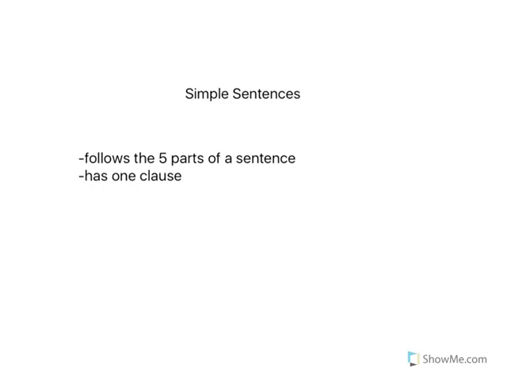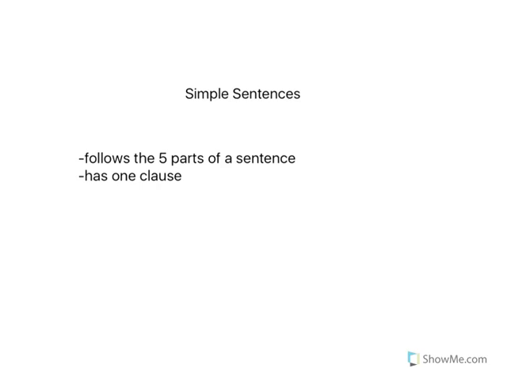So this year in grammar, we're going to be learning about 4 different sentence structures. There's simple sentences, compound sentences, complex sentences, and compound complex sentences. We're going to get into the other types of sentences later in the year, but we're going to start in this lesson on the simple sentences.